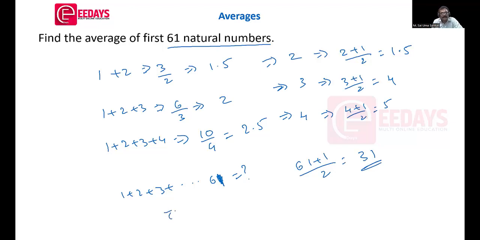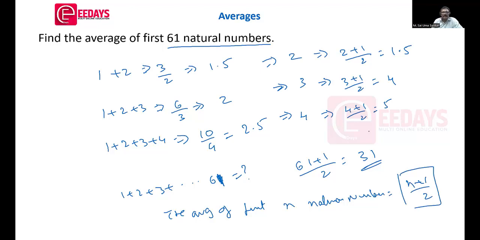Here, the average of the first n natural numbers is n plus 1 by 2. Just remember, or just generalize this value, and you will get the answer.